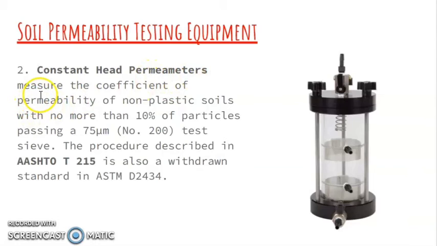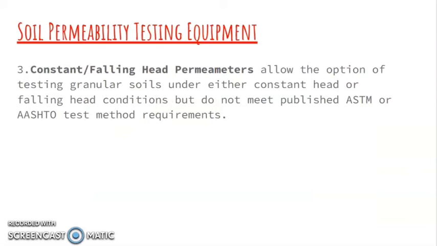It is used to measure the coefficient of permeability of non-plastic soils with no more than 10% of particles passing a 75 micron test sieve. The procedure is described in AASHTO T215 and is also a withdrawn standard, ASTM D2434.